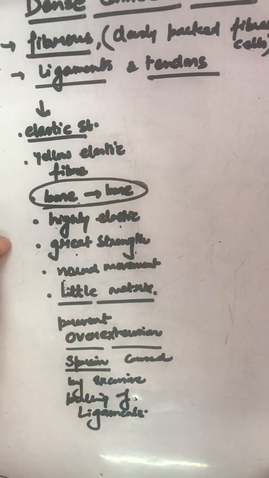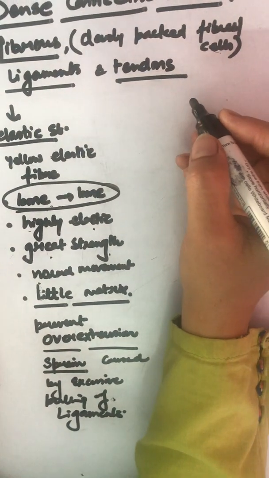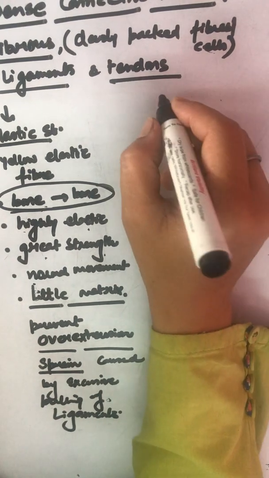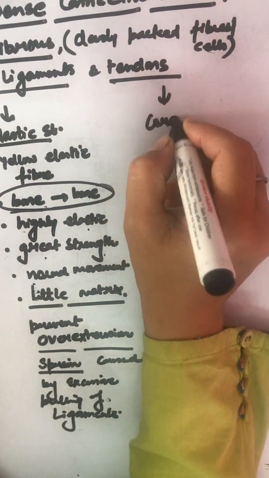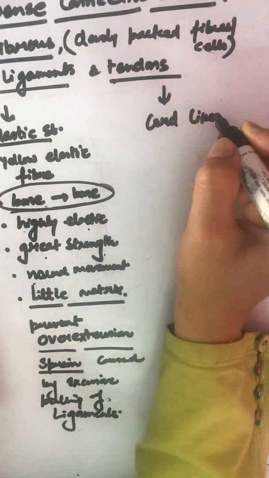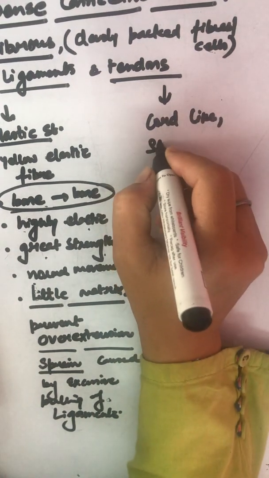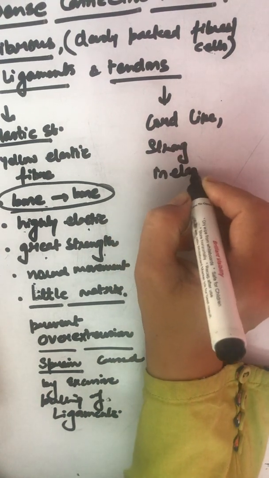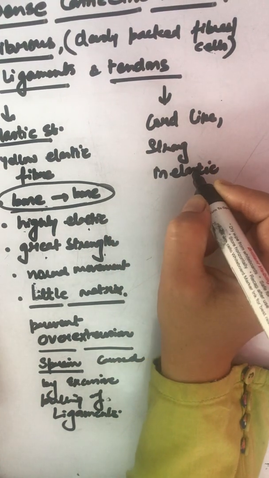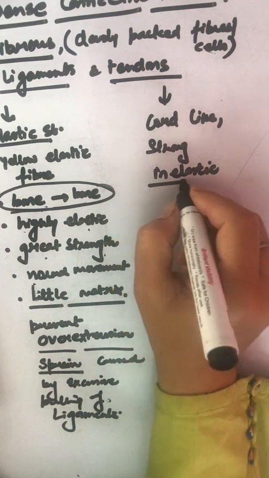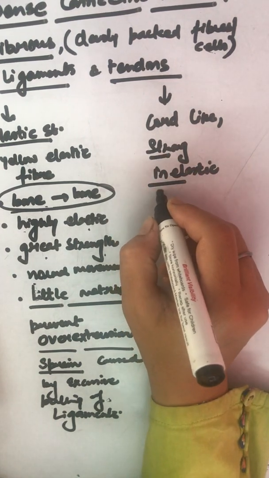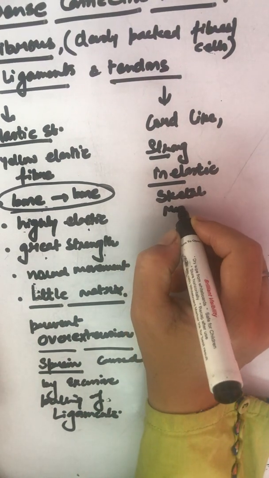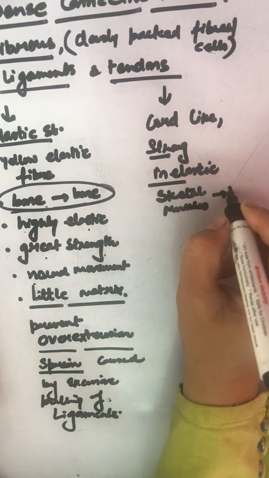Fine. Moving to the second, tendons. Now, when we talk about tendons, tendons are cord-like, wire-like, strong, but inelastic, right? These join skeletal muscles to bones.